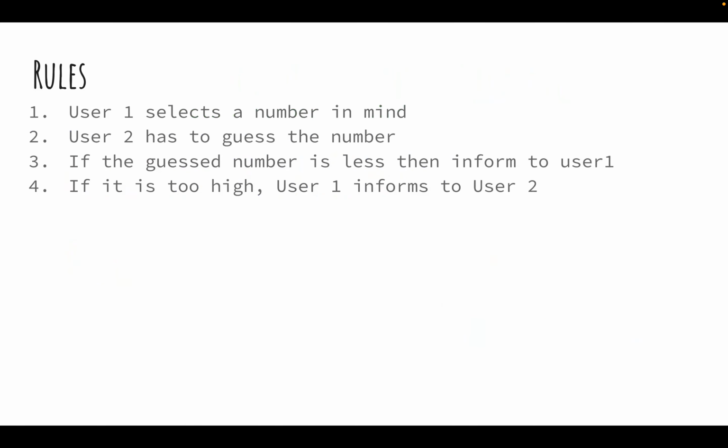Let's say that there are two people, and user one picks a number in his or her mind. User two has to guess the number. Let's say that user 1 picks the value as 9, and now user 2 has to guess the number.